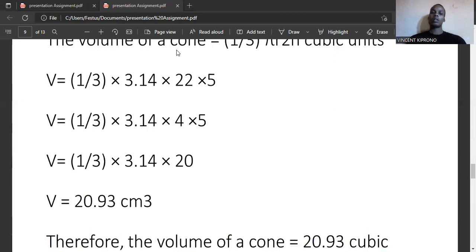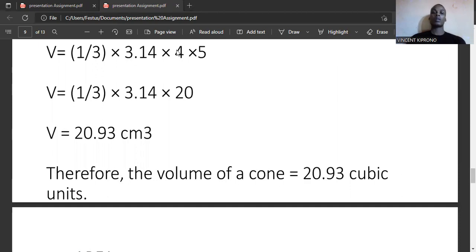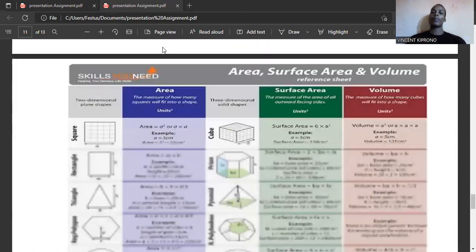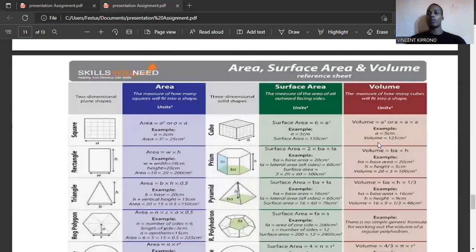And then that's a third times 3.14 times 20. Then we shall have 20.93 centimeters. Therefore, the volume of the cone is 20.93 cubic units. That's centimeters cubed. That's the volume.